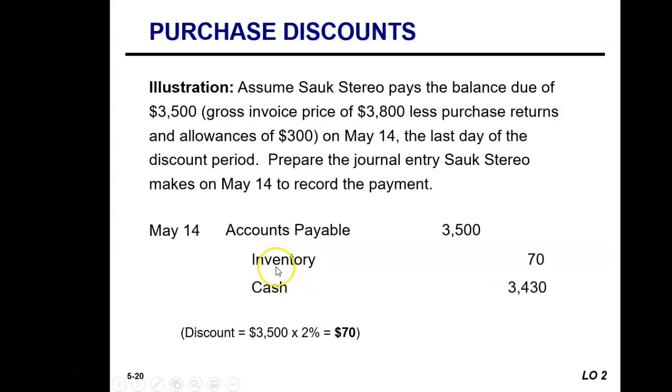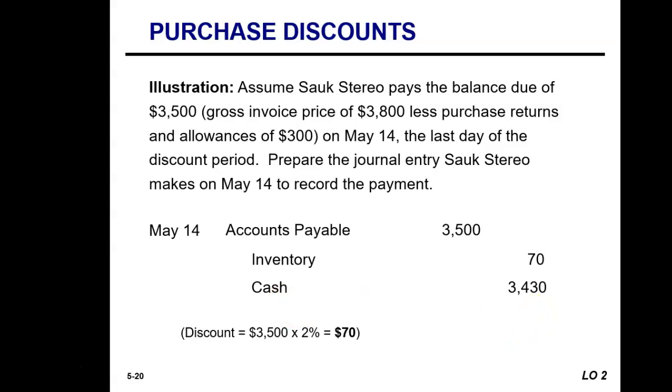But notice that the discount goes into the inventory account as a credit. That's because we're not paying the full price for the inventory because of the purchase discount. So the discount is shown as a credit to the inventory account. We'll then credit cash the remaining balance of $3,430.